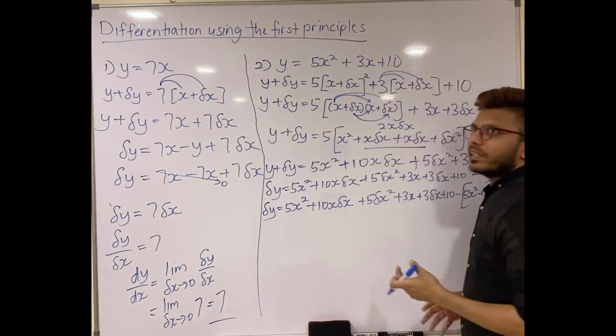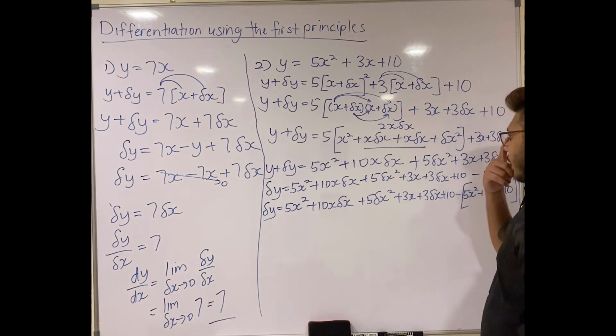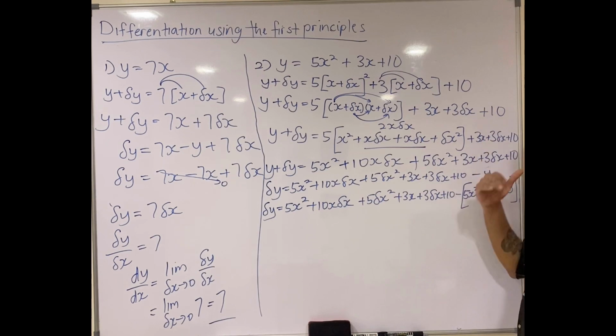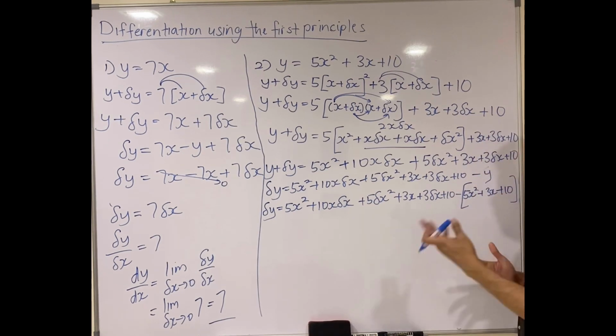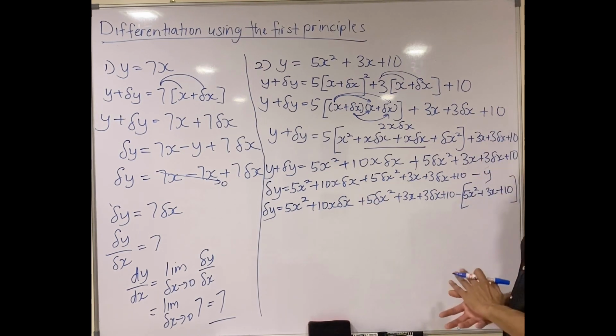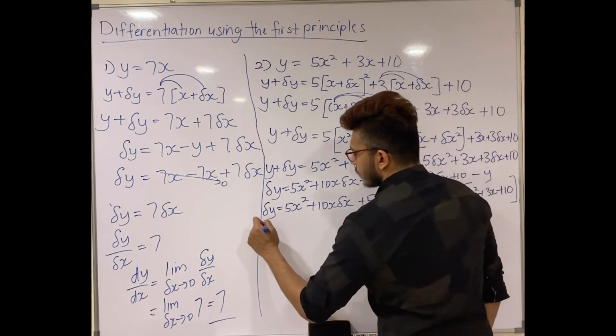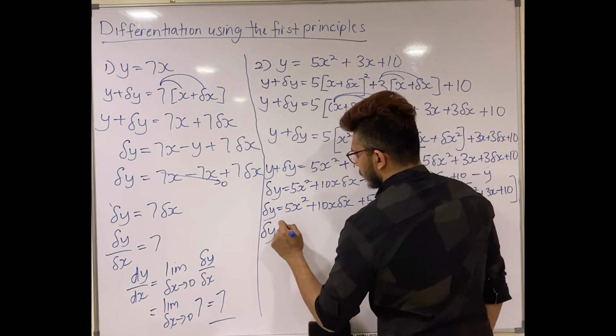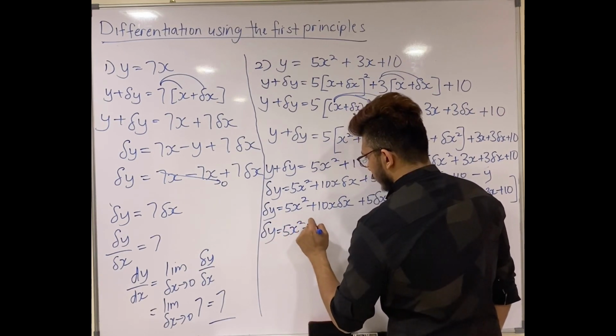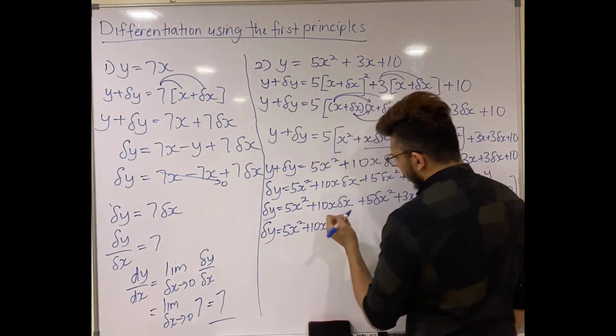So I'm going step by step so that you know what's happening. I can easily skip a few steps and finish it up quickly, but you might have a lot of questions. That is why I'm doing step by step. So just write back all this.